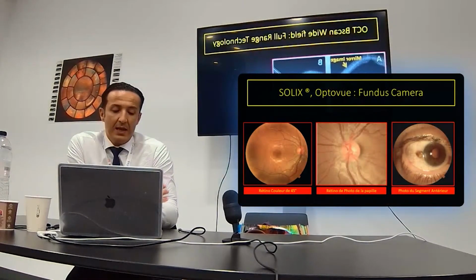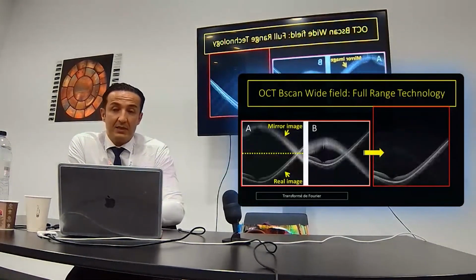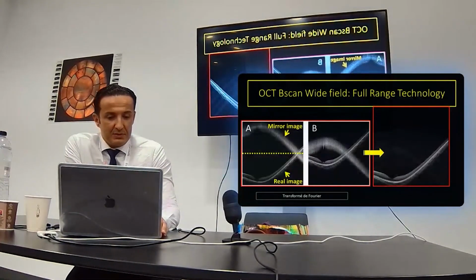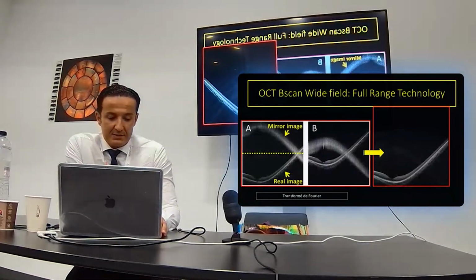the possibility to increase the depth using the mirror image until 6 millimeters depth.